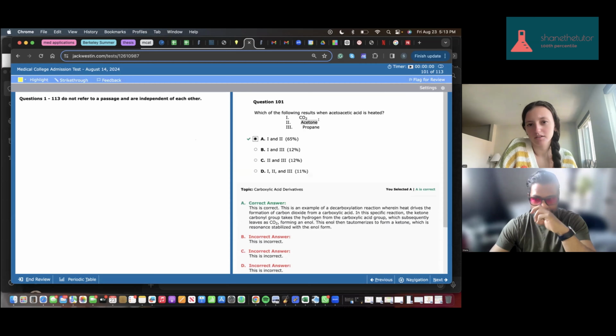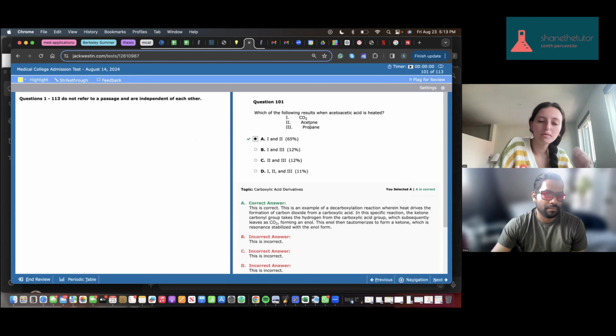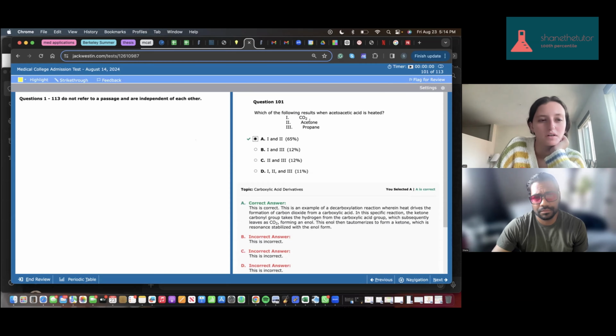I think I got acetone from the name, but I'm not sure where I got CO2. Propane, we talked about pro is 3, right? And so when you're looking at these, do you visualize it in your head? Like, what does acetoacetic acid look like?